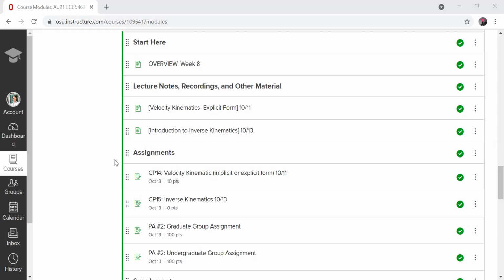Point number 3, the position of the end effector that you find from your simulation should be comparable to what you find from the analytical solution, part 1. Now, why I say comparable, not exact, is because some of you might add some structural element to your simulation to make it look nicer.